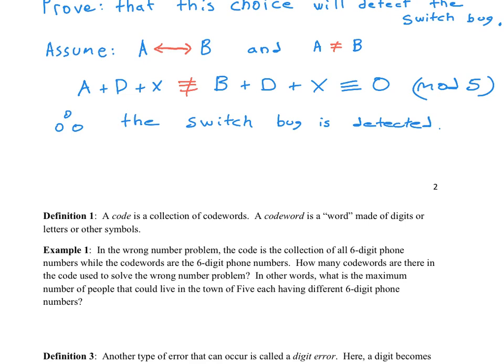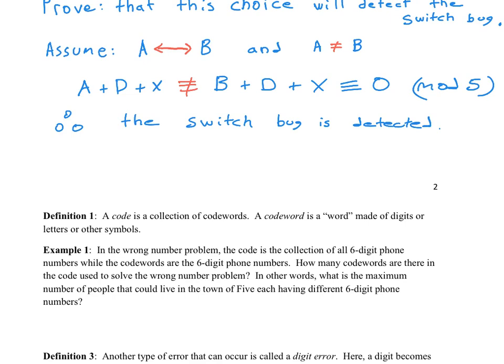Now, if I ever said something outside of the code, if I started talking in a different language, then you could say, oh, that's not part of the code. And that's really how we do error detection. We only send things that are in the code. When I'm speaking in English, you expect me to say actual English words that communicate things to you.